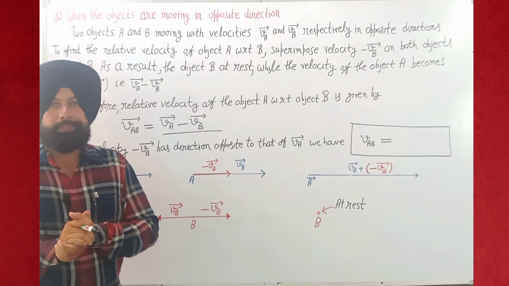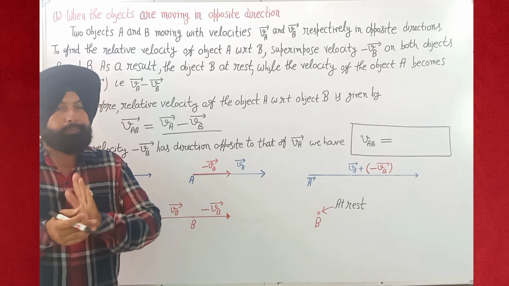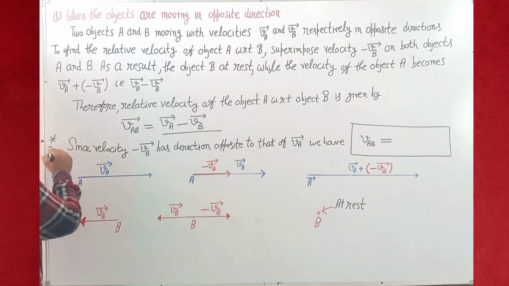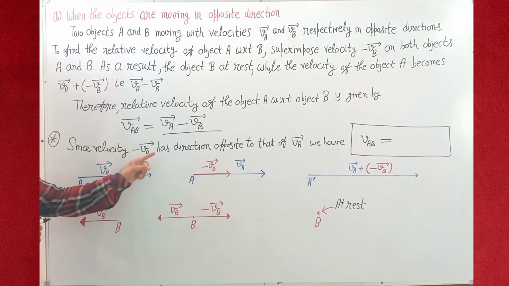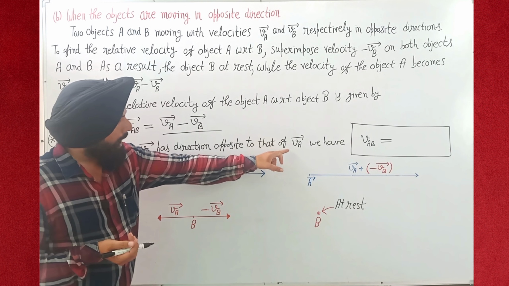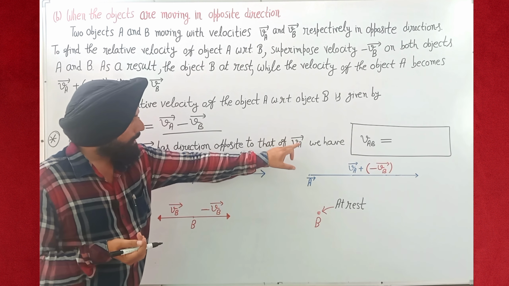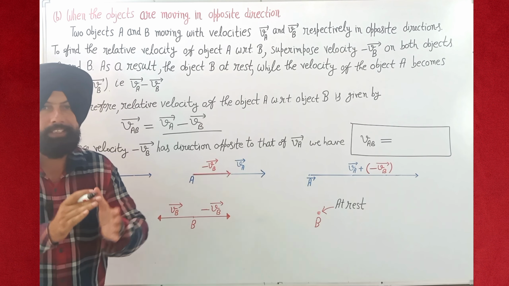Now students, important step. Since velocity minus VB vector has direction opposite to that of VA vector, now I am discussing the magnitude.